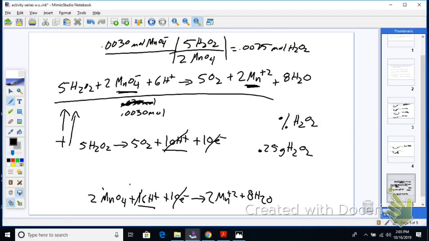So the density of the H2O2 solution is roughly 1 gram per 1 milliliter. So how many grams in total did we have of the solution? We had 1 milliliter of it, so 1 gram. So what I come up with is 2.5%.